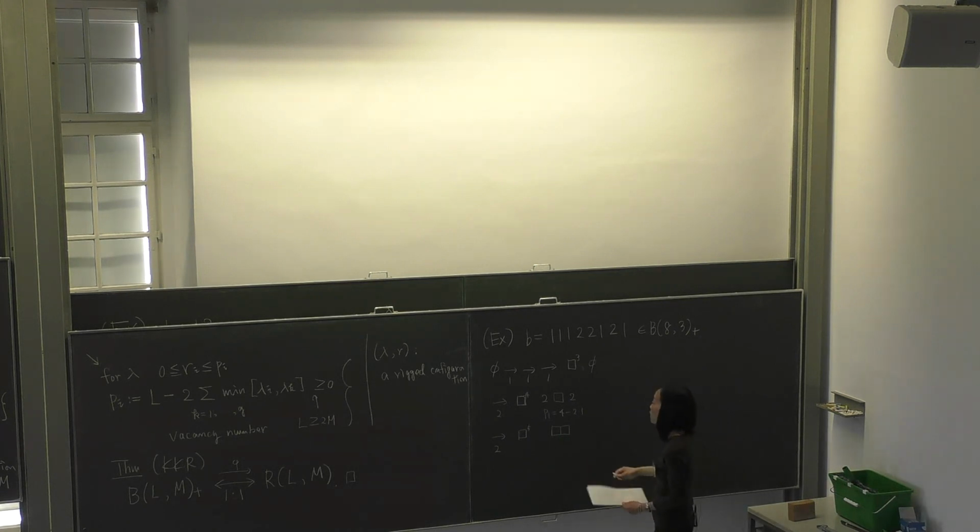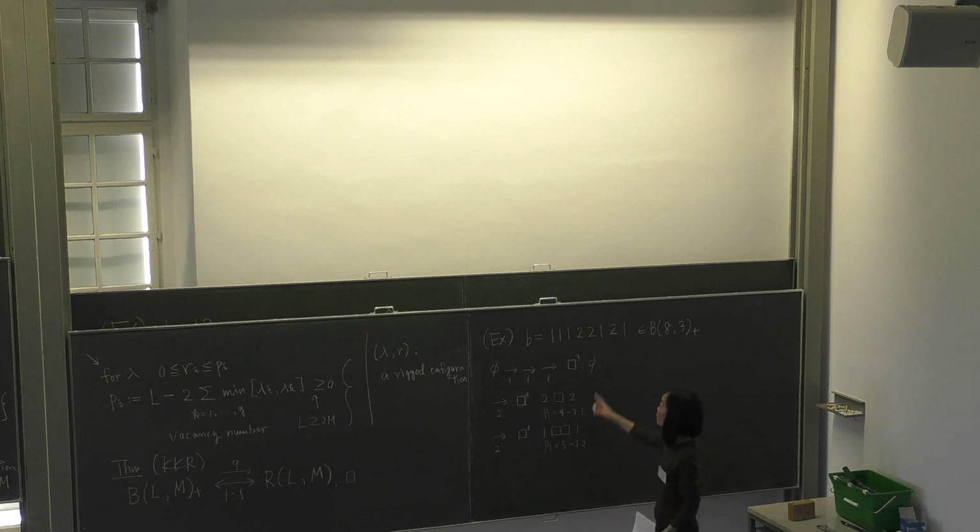And so next, I calculate P1 to this partition with L is 5. So now P1 is 5 minus 2 times this size of box. So 2 times 2 now, so it is 1. So we write 1 here and also here.